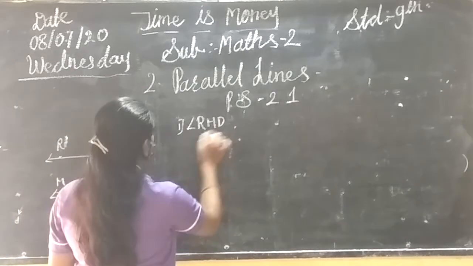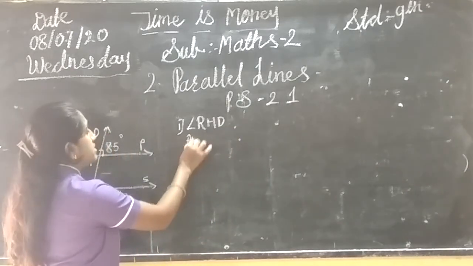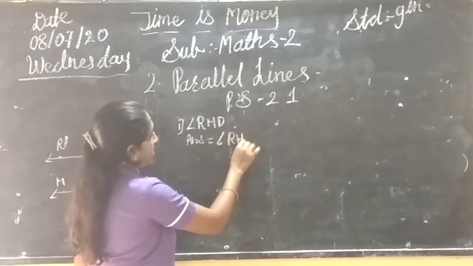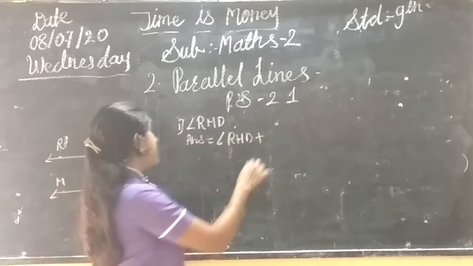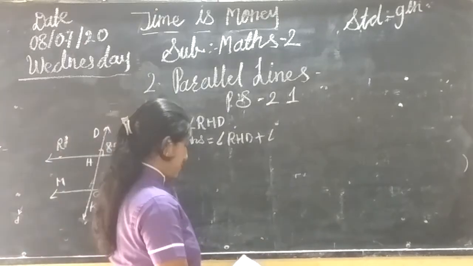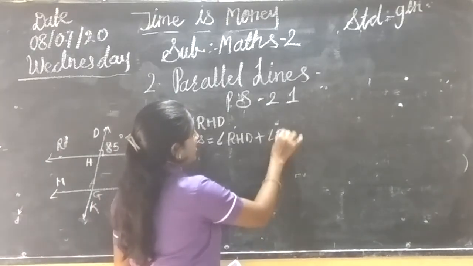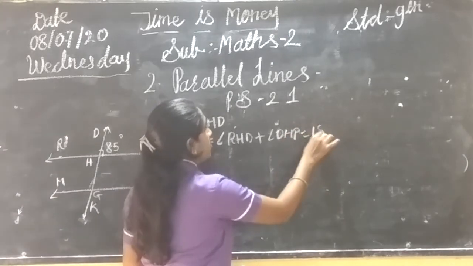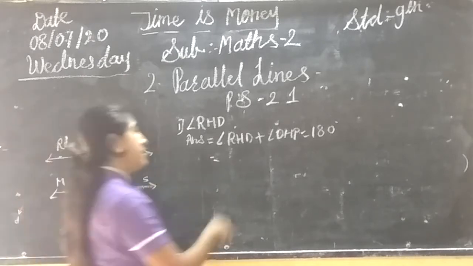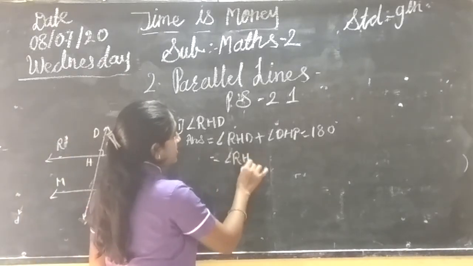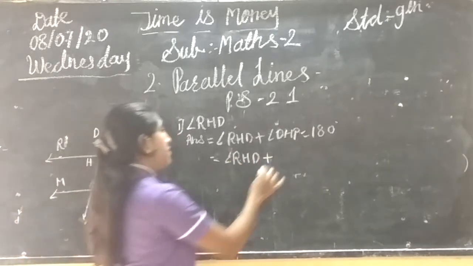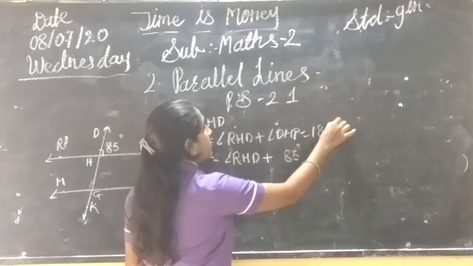So for the angle RHD, we can write: angle RHD plus angle DHP is equal to 180 degree. But we don't know the angle RHD, so we write it as it is, and the angle DHP is given as 85 degree, so we write 85 here.